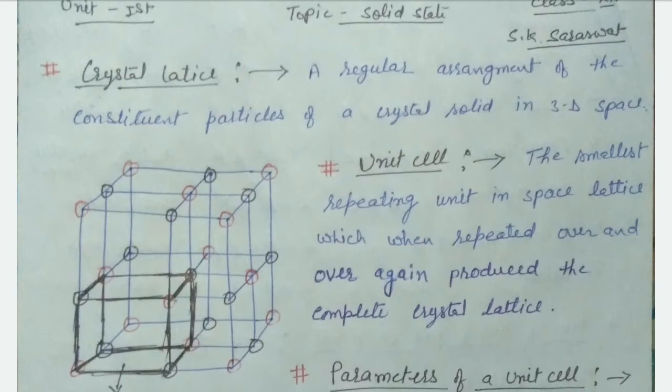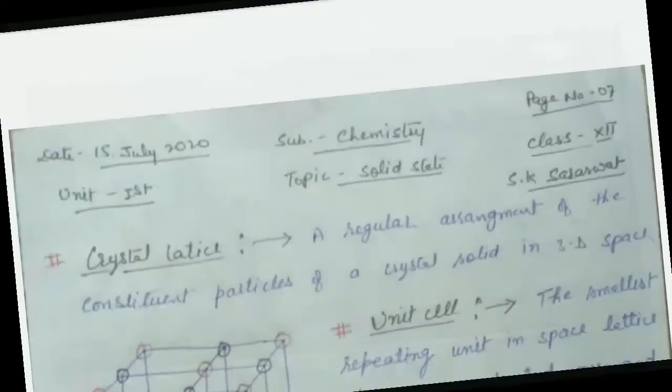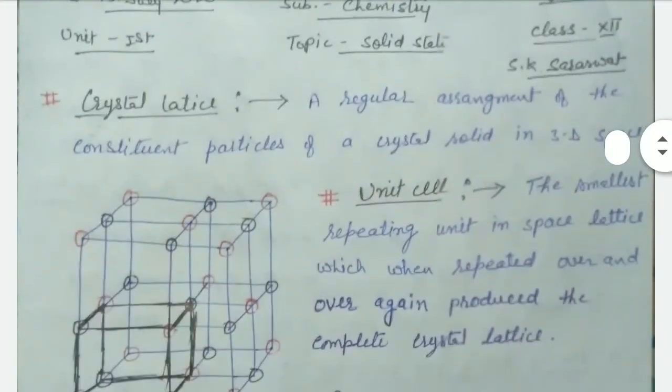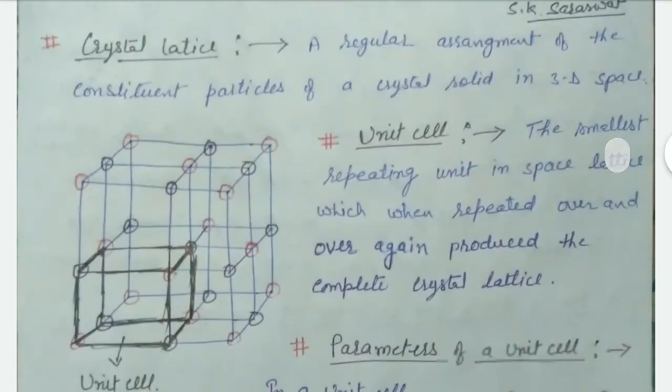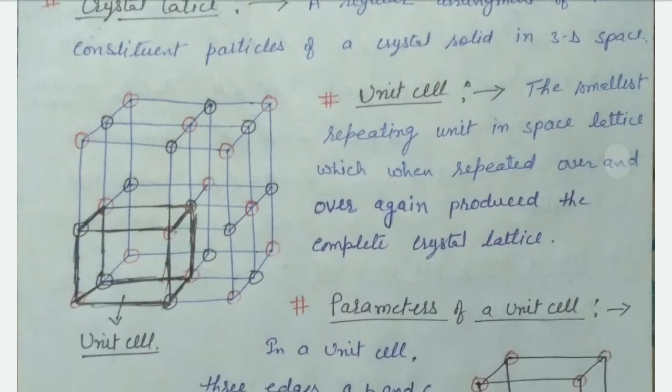This crystal lattice consists of small units. These small units are called unit cells. In this figure, unit cells combine to form a complete crystal lattice.